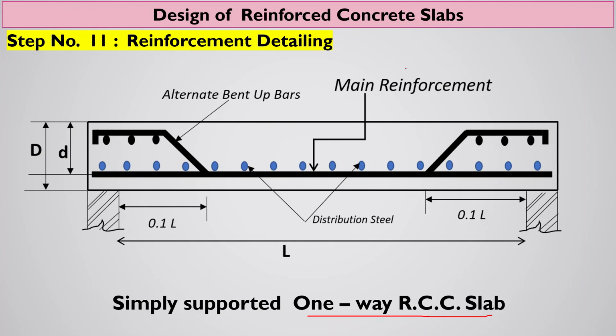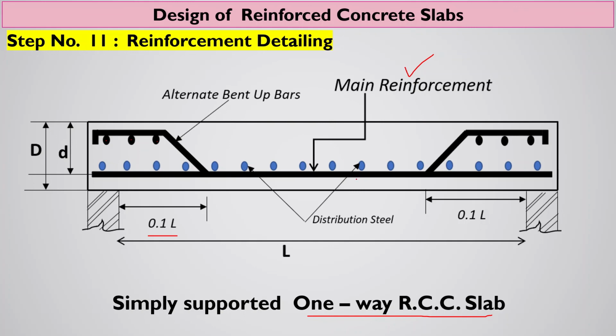We have already mentioned this is main reinforcement, and every alternate bar is lifted up, or you can say bent up, at a distance 0.1 L from the face of the support, and you can provide it in such a direction. And this is the minimum steel you can provide just to hang these bars so that they can be kept in place.